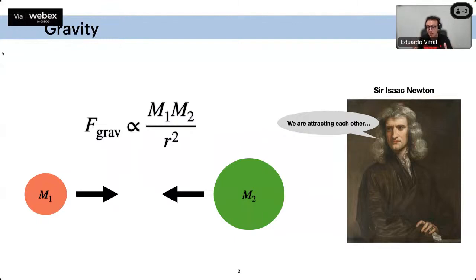And the explanation to that is basically that if you have two bodies having mass, having some weight to it, they will be interacting with each other through this force of gravity that is proportional to the mass of each body and inversely proportional to the square of the distance between these bodies.